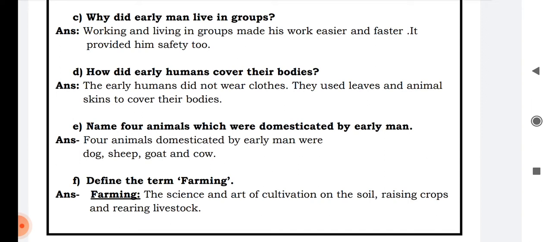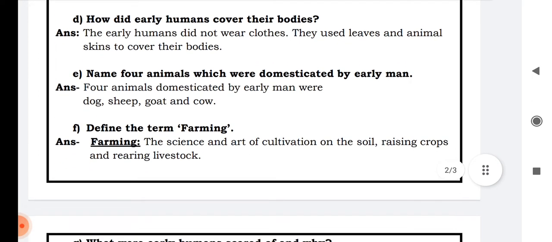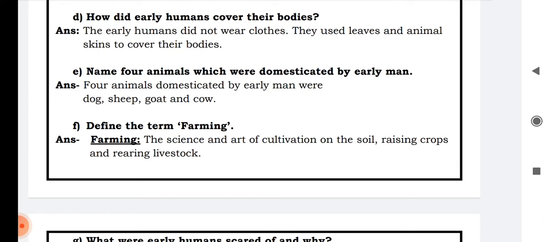C. Why did early man live in groups? Answer. Working and living in groups made his work easier and faster. It provided him safety too. Yes, this is the reason why the early men used to live in groups.